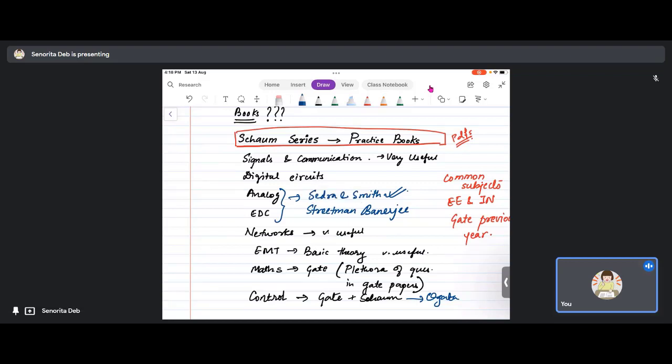And for networks, Sadiku is very helpful. You can also practice questions from Sadiku. For EMT also, Sadiku's book is there. This is a different book than the network one. This EMT book has very good questions on transmission lines and EM theory.